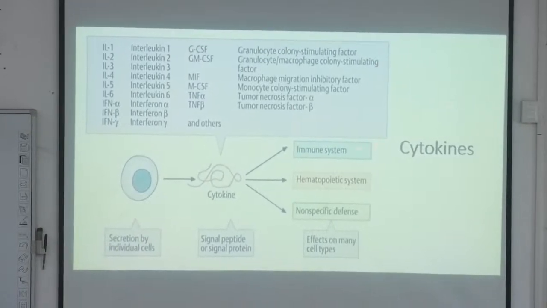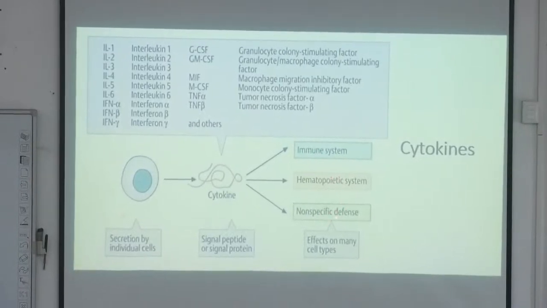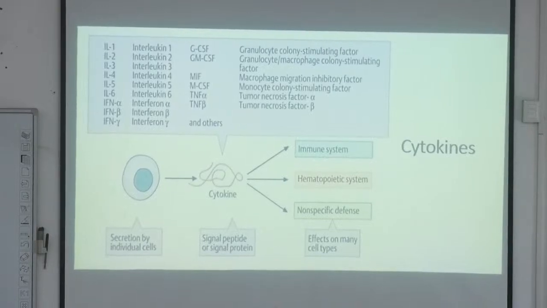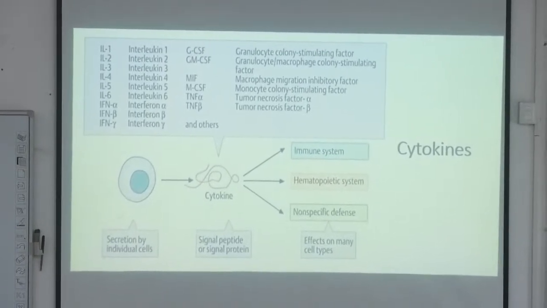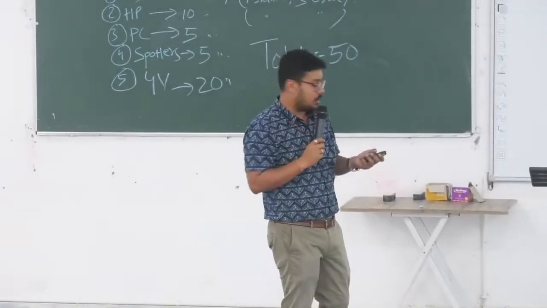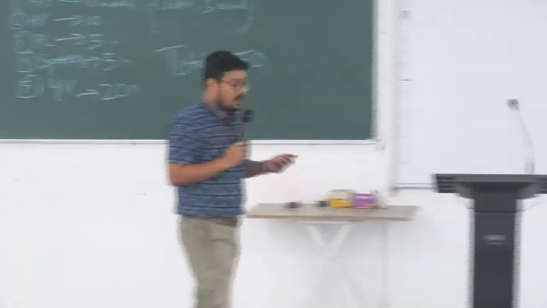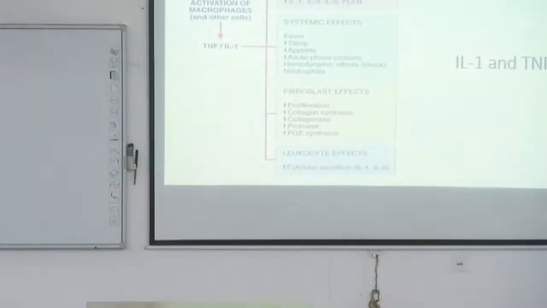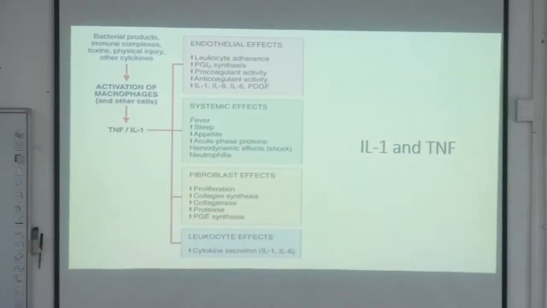Among these, interleukin 1, interleukin 6 and tumor necrosis factor alpha, TNF alpha, are important in our curriculum as well as in common day practice. So what are their effects? They have endothelial, systemic, fibroblastic and leukocytic effects.